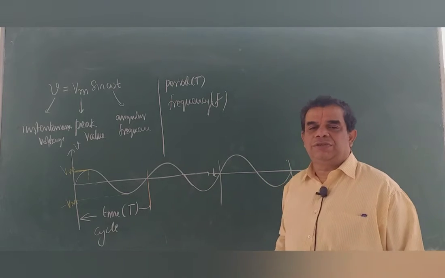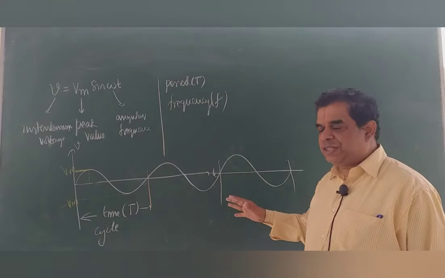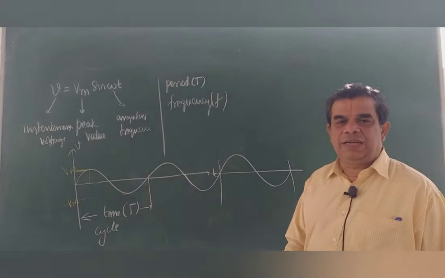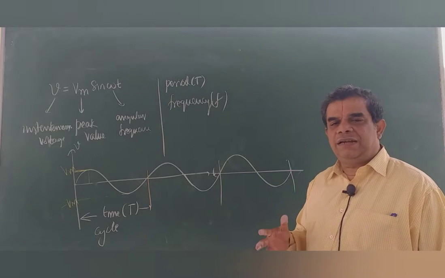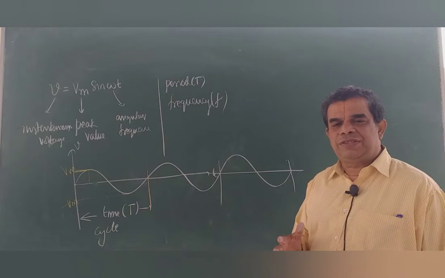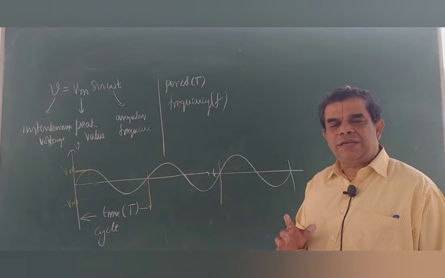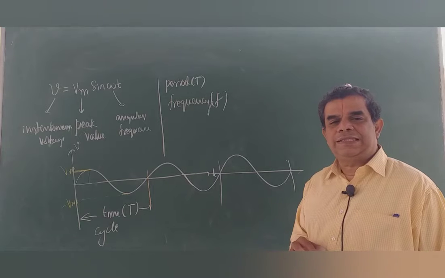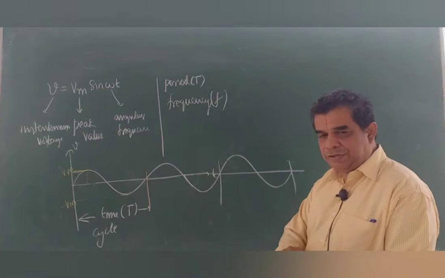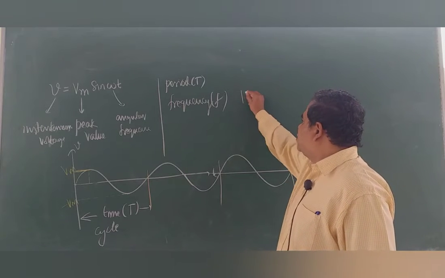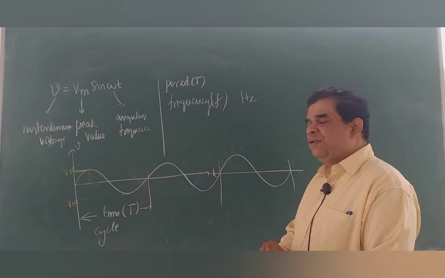So the number of cycles completed per second is frequency. Say in our India, the mains to which we connect the electric gadgets like fridge or your TV or anything, they are supplied with 50 hertz AC. That is 50 cycles are completed per second. And frequency, as you know, is measured in hertz. Symbol is Hz. So these are the basic things.